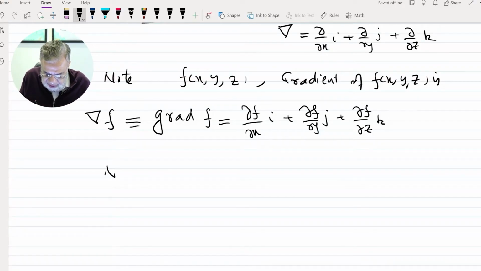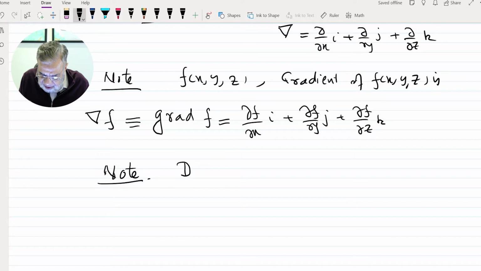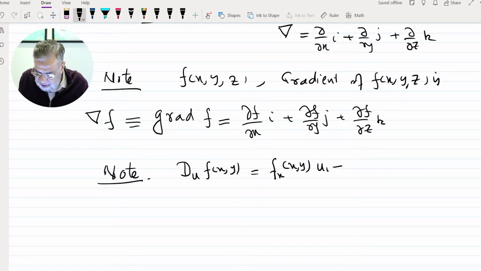So here, we take this as a note, this is also a note. We have a second definition of the directional derivative of the function. This was f_x(x, y) u1 plus f_y(x, y) u2.